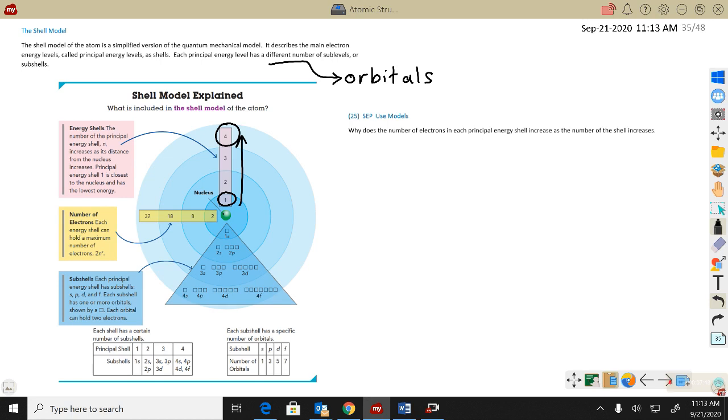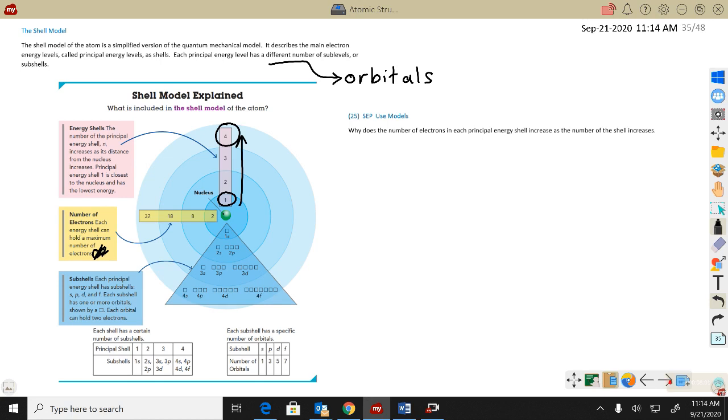All right, cool. So then in yellow, they talk about the number of electrons that each energy shell or energy level can hold. Ignore this for now. We've got a better way of figuring out the maximum number of electrons that can be held by each energy level.